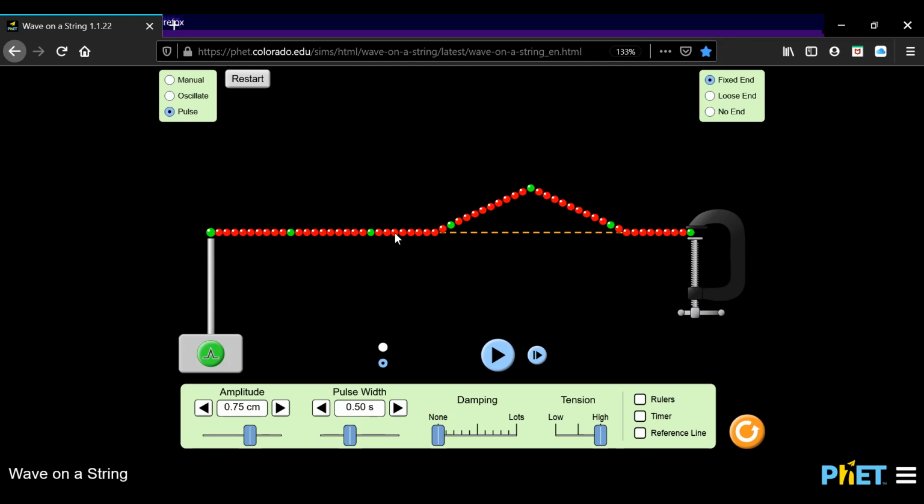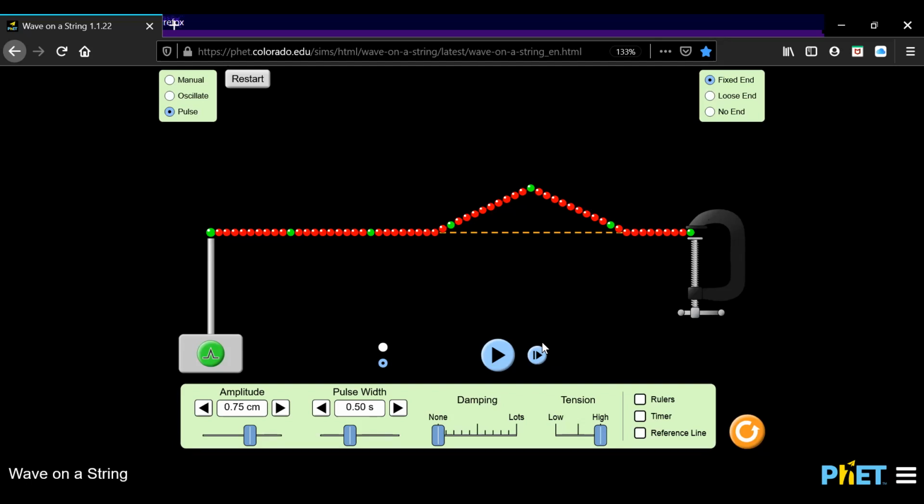So that's how you describe a wave: as a displacement of something from equilibrium. In this case, it's literally the position of the string from equilibrium. And this boundary on the right-hand side requires that the displacement on the left and the right both be 0.